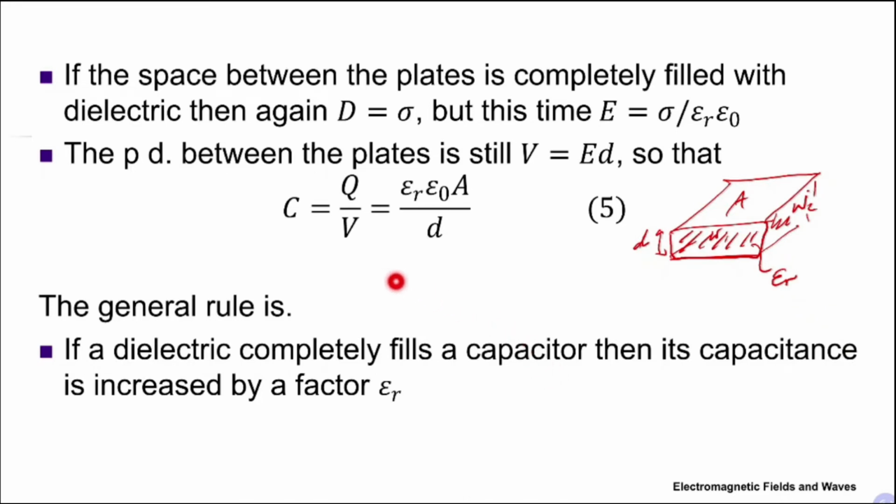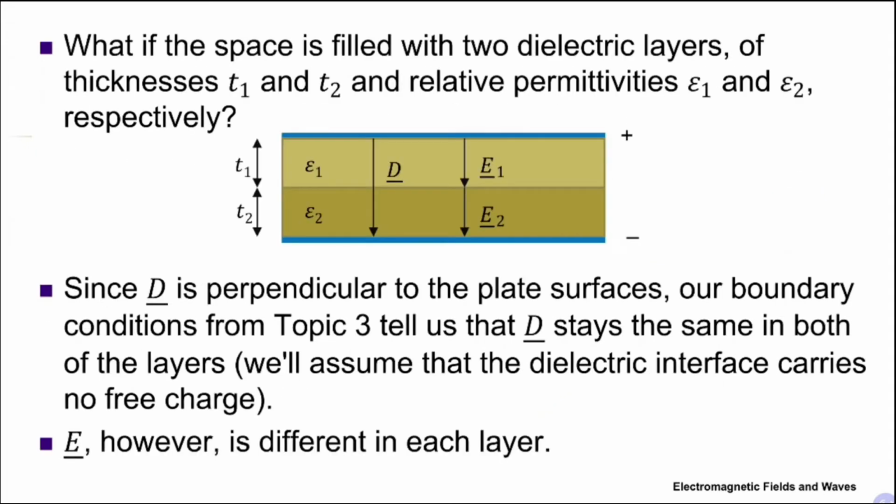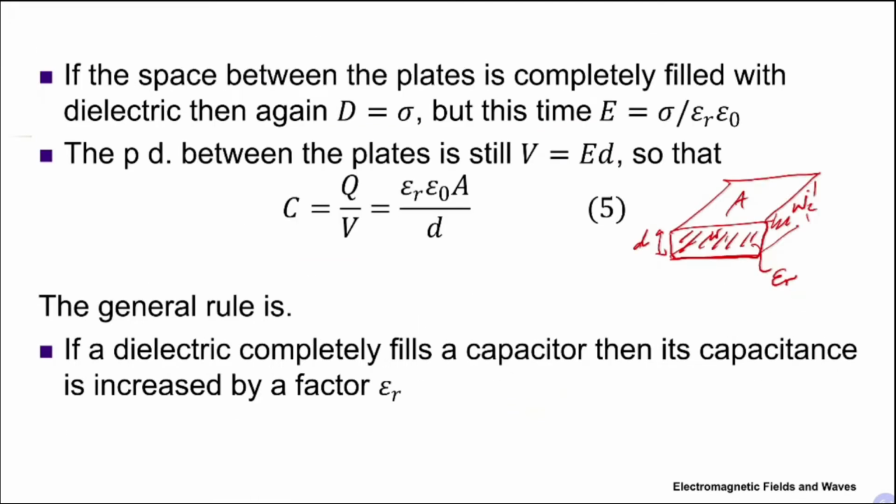And that is the basic construction of a capacitor. Okay, so there is a parallel plate capacitor with a single dielectric material filling between the plates. Any questions so far?